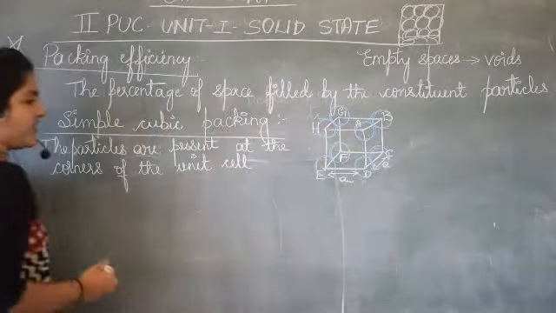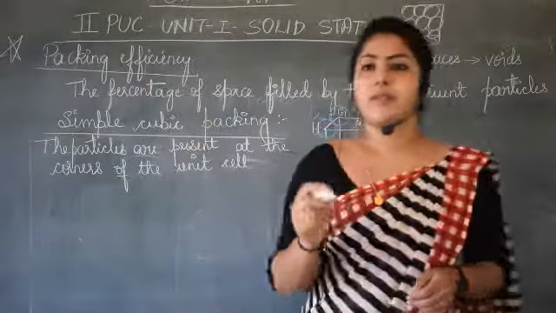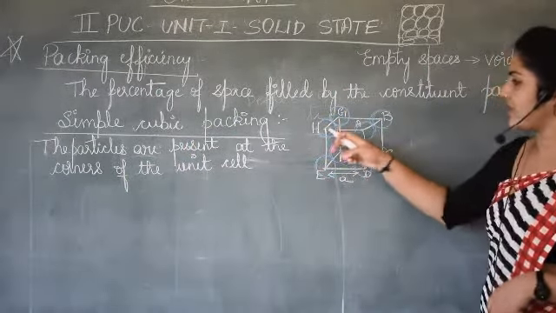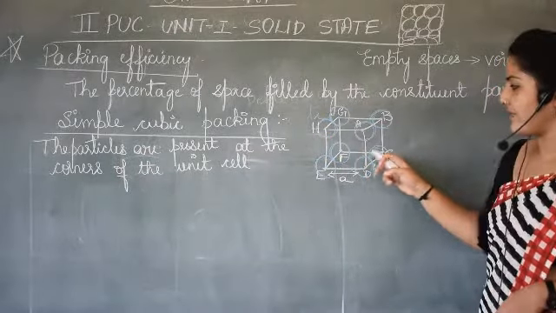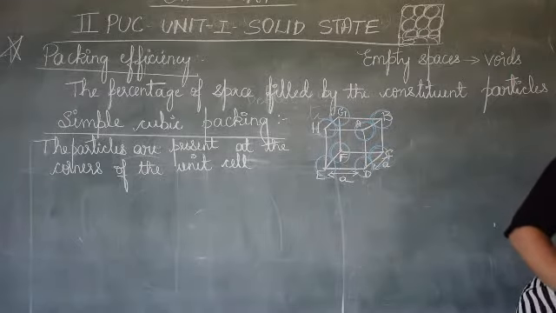So this will be the first point you mention, that in a simple cube the particles are present at 8 corners of the unit cell. Here 1, 2, 3, 4, 5, 6, 7 and 8. This is what you will mention.